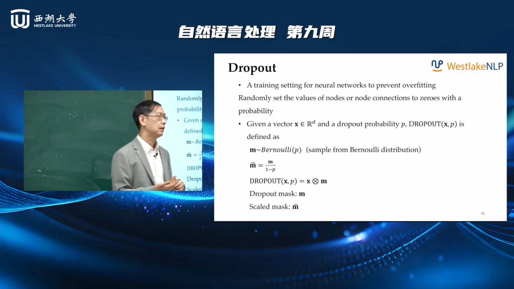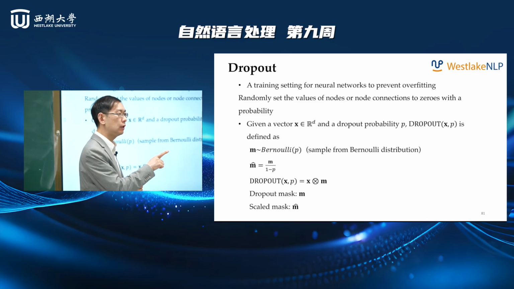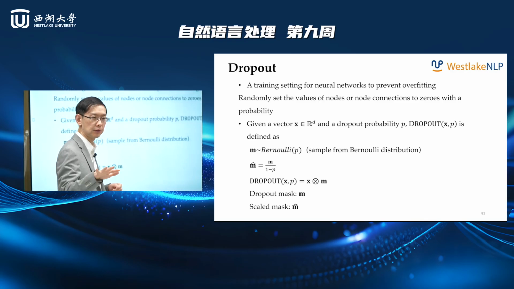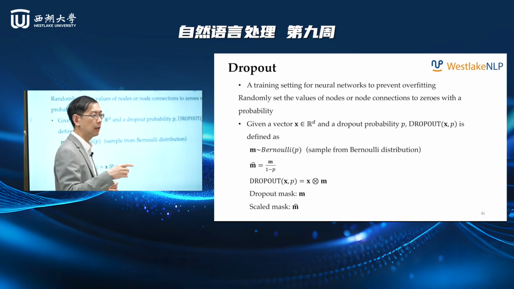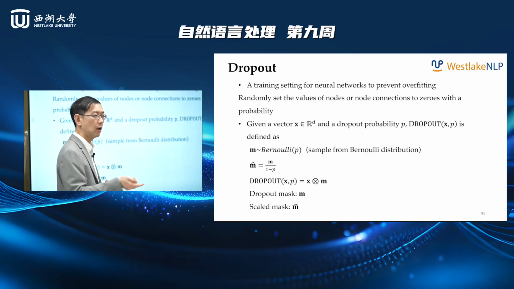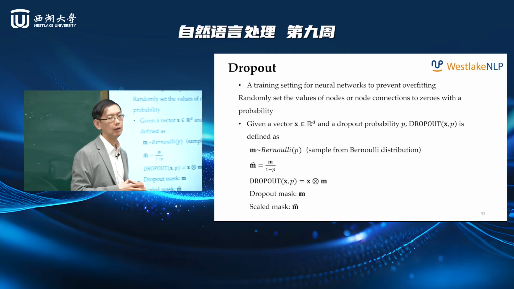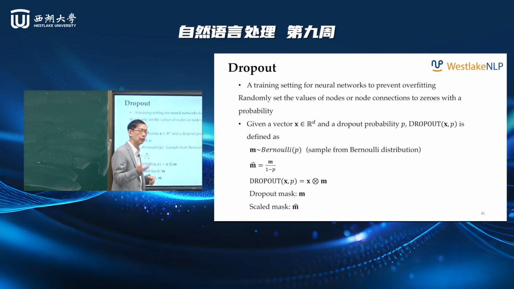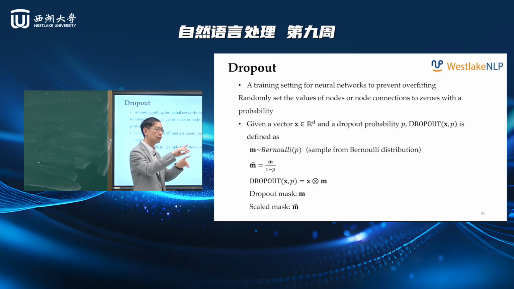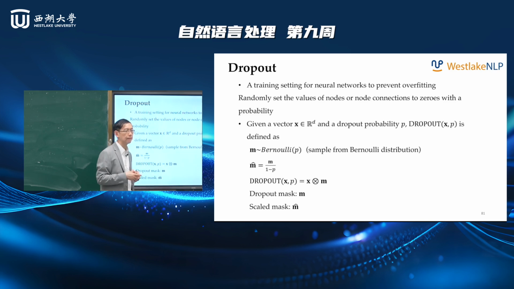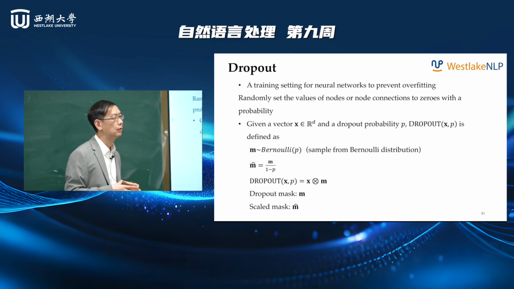In other words, every time I see only part of the input features. I train my neural network to make decisions on a part of the inputs, not all the features. Next time I train the neural network to make decisions on another part of the input features. So there is less risk of the neural network overfitting on certain feature combinations, because every time I only see a few features.